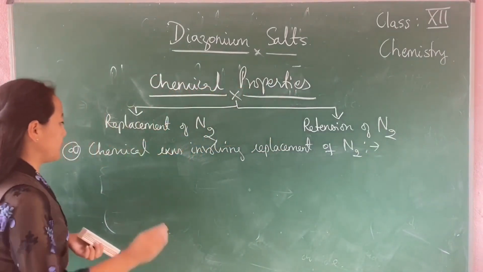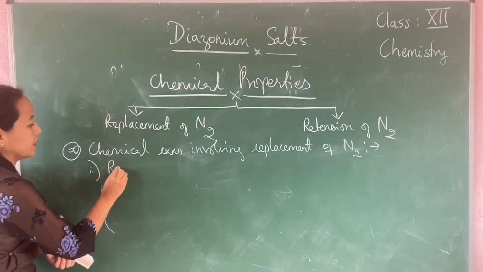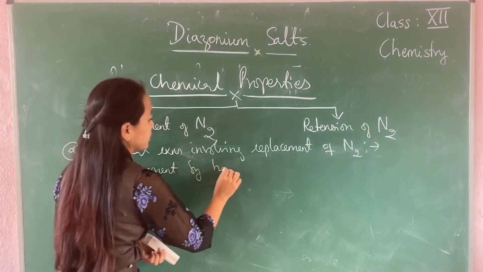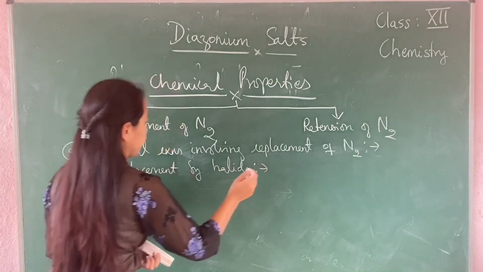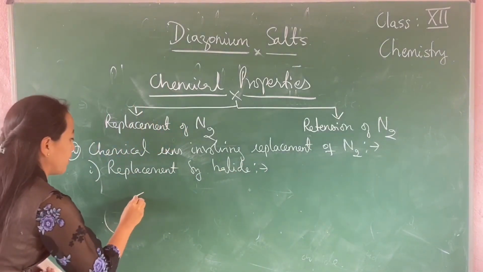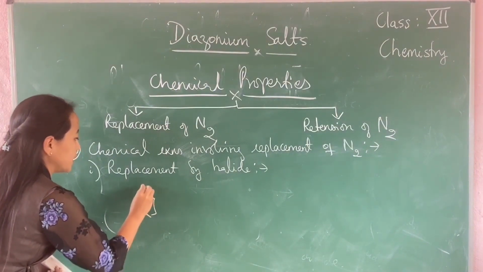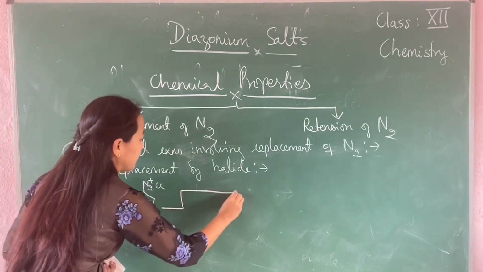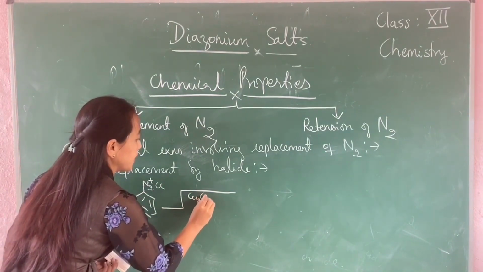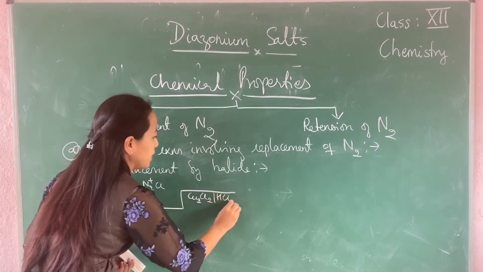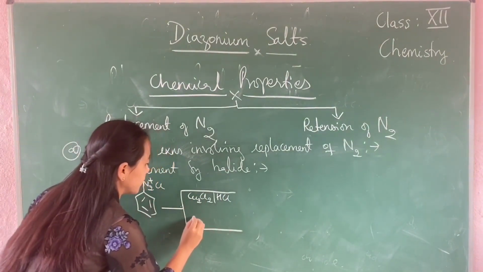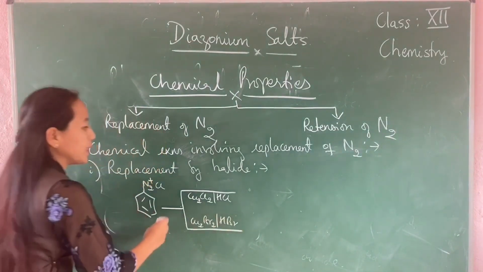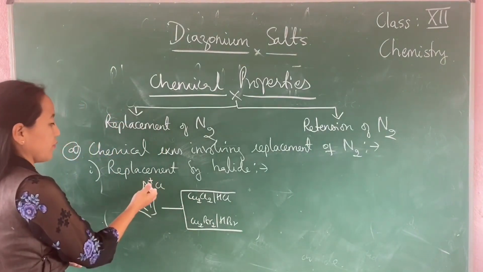Okay, the first one is replacement by halide. I'm going to take the example of a benzene diazonium chloride in this case, N2+Cl-. When you react this with cuprous chloride, Cu2Cl2 in the presence of HCl, or when you react this with cuprous bromide, Cu2Br2 in the presence of HBr, you will get the corresponding halogen instead of this group.